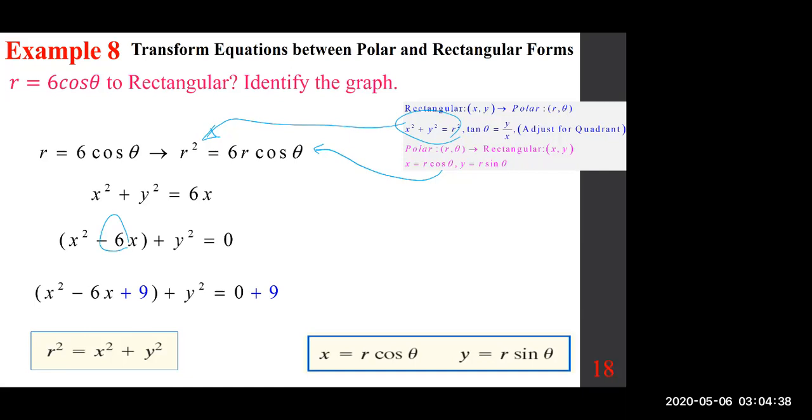Okay. So now it's in standard form. It's a circle centered at (3, 0), with the radius being the square root of 9, which is 3. Okay?